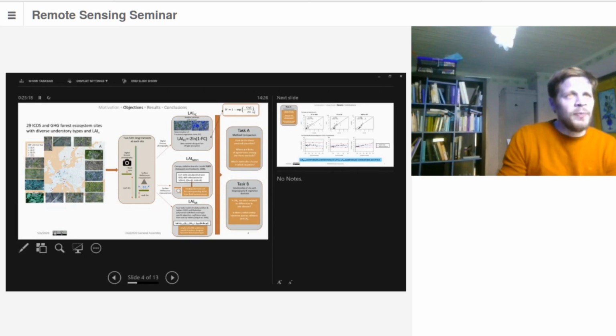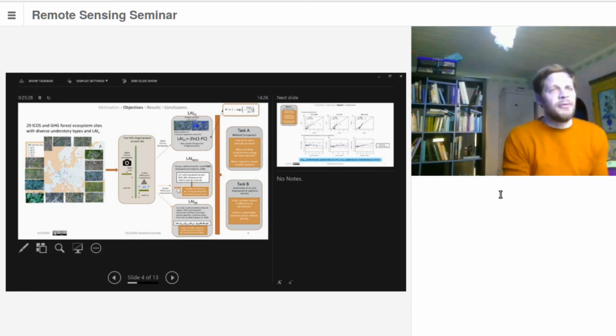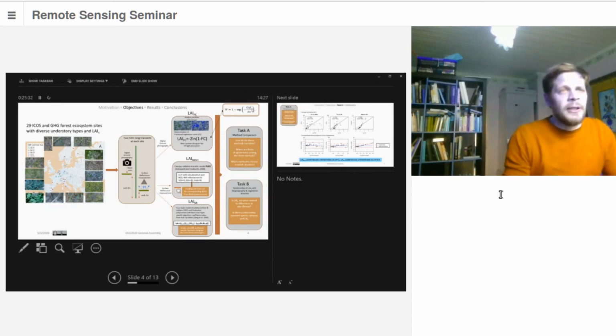And when you assume that this G0 is 0.5, which would represent a spherical distribution of leaf angles, and the cosine of theta 0, which is our viewing angle at nadir view, is 1, okay? And then you simply bring L, so this leaf area index, to the left side and W to the right side, and then you get this formula here, okay?